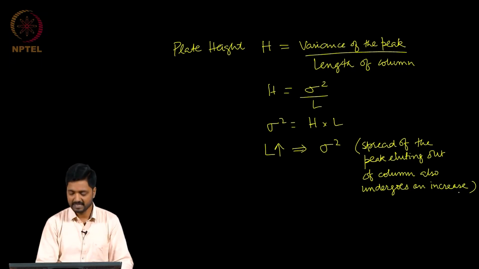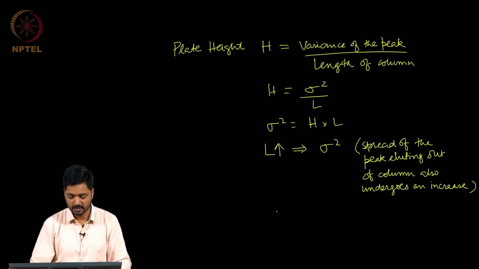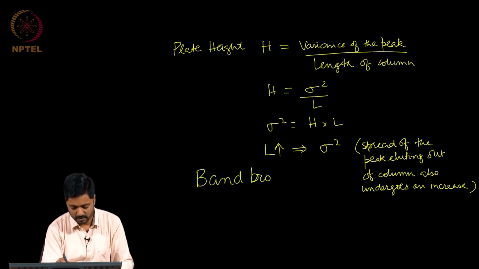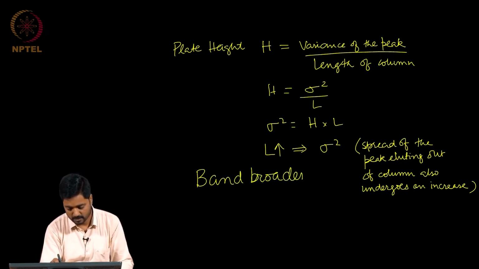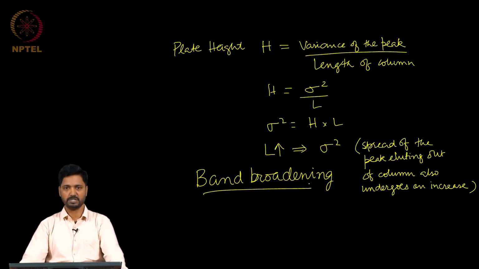Now, this spread increase is termed band broadening, and this is something which we would want to minimize while achieving chromatographic separations, because we want to achieve the most efficient separation within the shortest possible time.